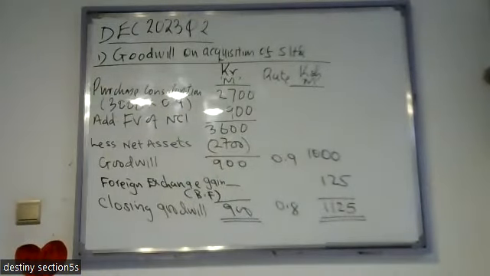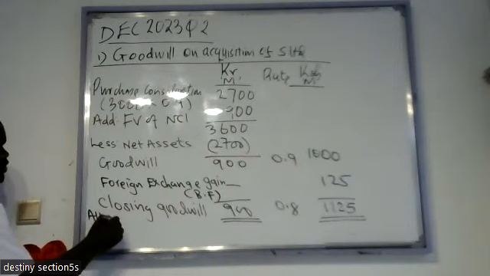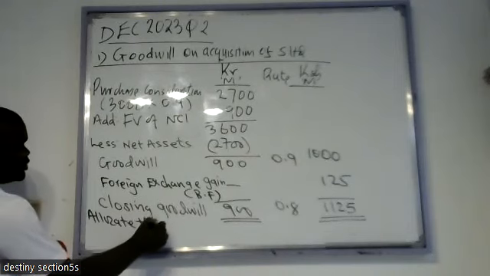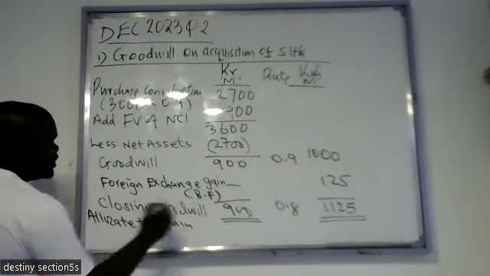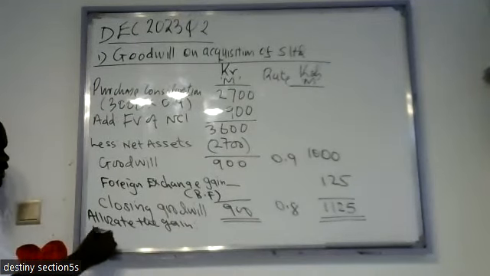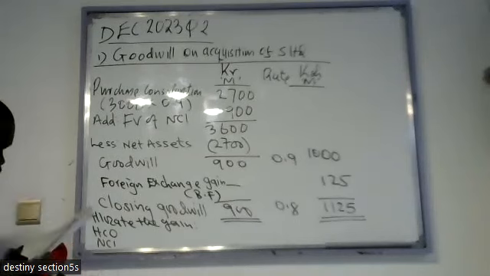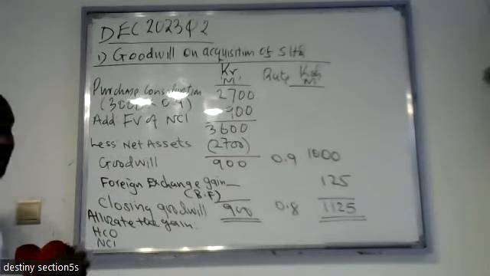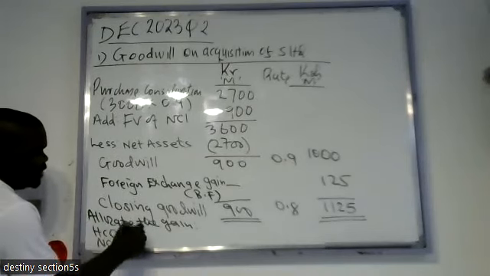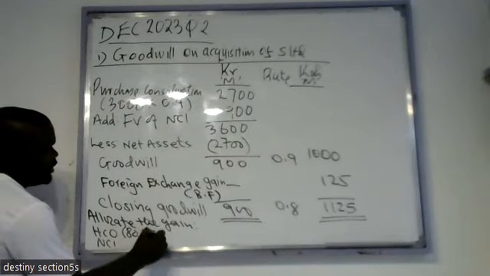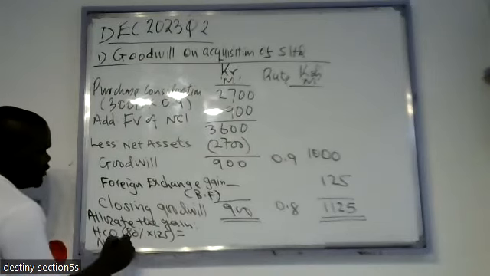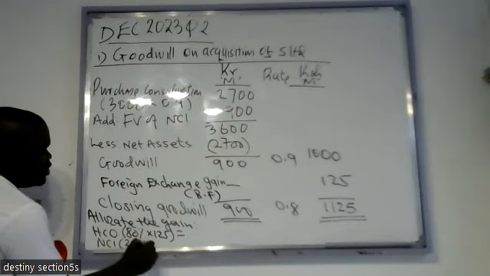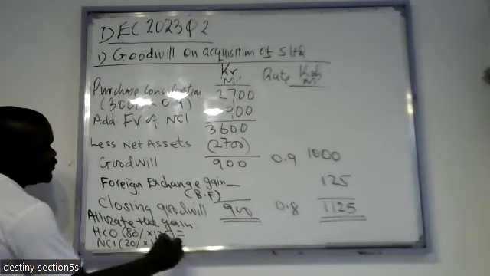So down there, you allocate the foreign exchange gain. Allocating the gain: holding company, NCI. The holding company was having 80%, so they will take 80% of 125, and NCI 20% of 125. What are those two figures?